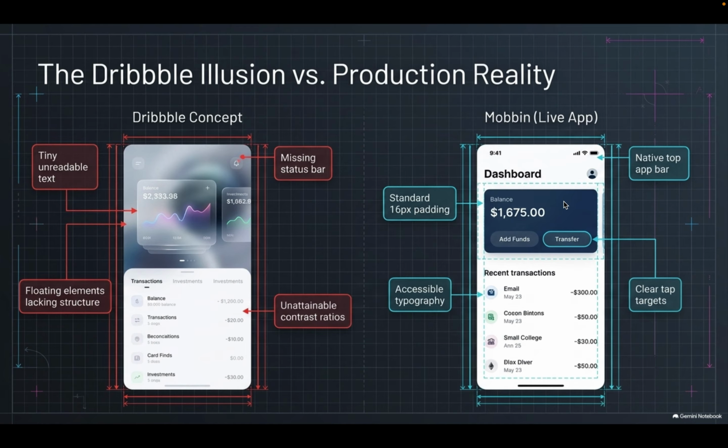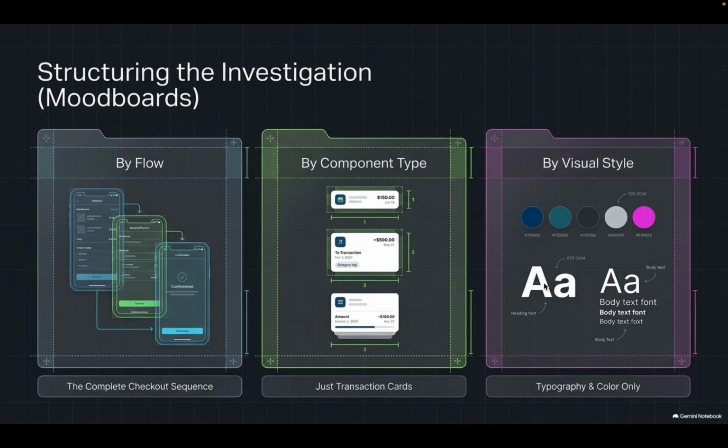But you can see a live mobile UI, like a live app. You see standard 16 pixel padding, accessible typography, clear tap targets, a native app bar. Everything is on point, right? So you should pay attention to that also.